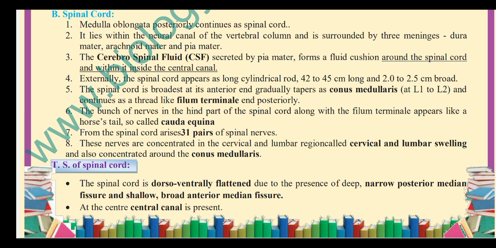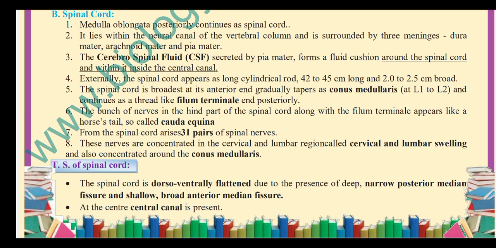The bunch of nerves at the end of the spinal cord along with the filum terminale appears like a horse tail, so it is called cauda equina, because it shows long fiber-like structures.